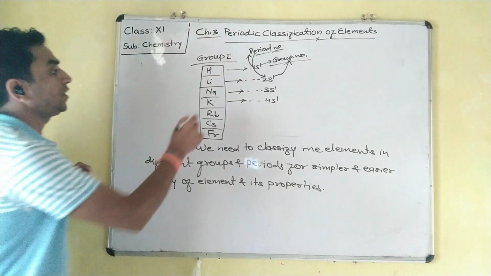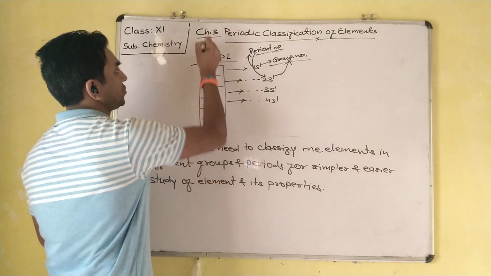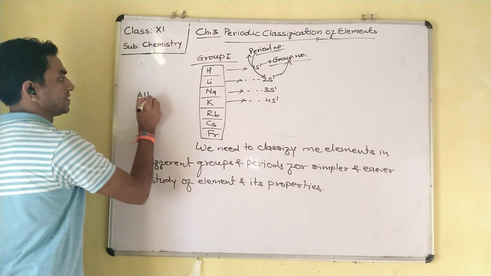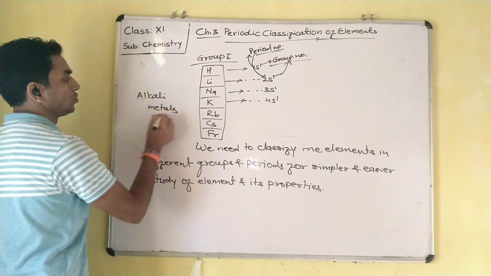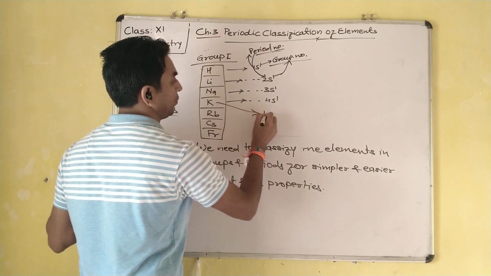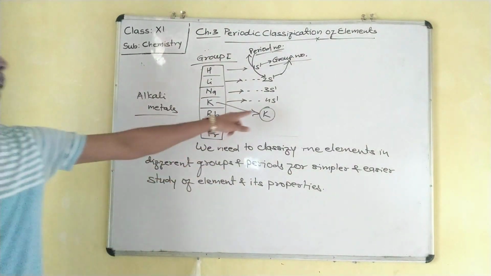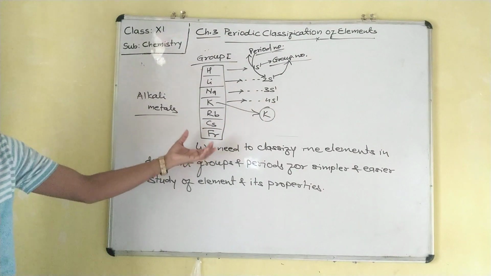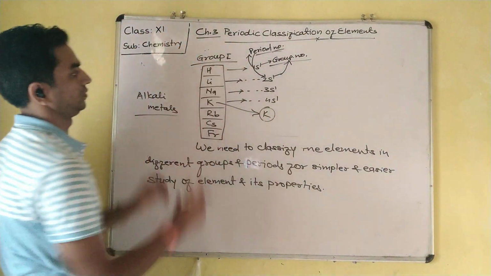So by knowing the properties of only one element in this group, group 1, which is known as the alkali metals, suppose we know the properties of potassium, K, we can predict the properties of all the remaining elements which belong to the same group.